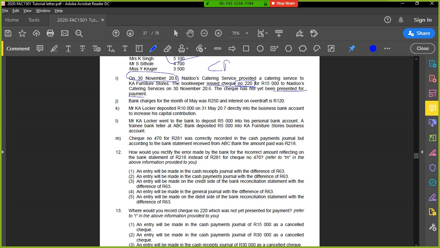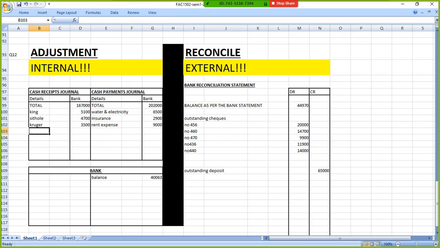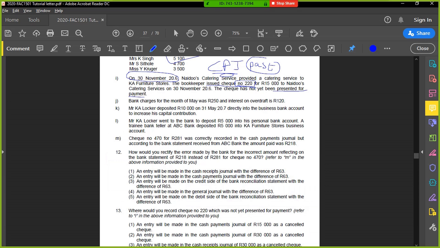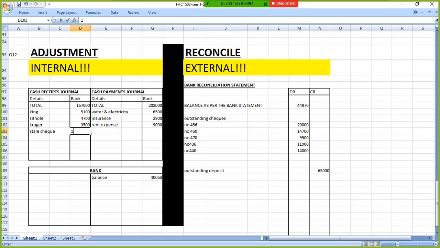So previously, in the past, what would you have done? You would have shown that in a CPJ. Did the payment go through? No, not for 6 months. Will the payment ever go through? No, it won't. So what must you do? Reverse out the payment. Stale check. Does that make sense? Yes. Good. Okay, stale checks always go to the cash receipt. You can just study it if you don't want to remember it like that. Okay, 15,000 is the amount.